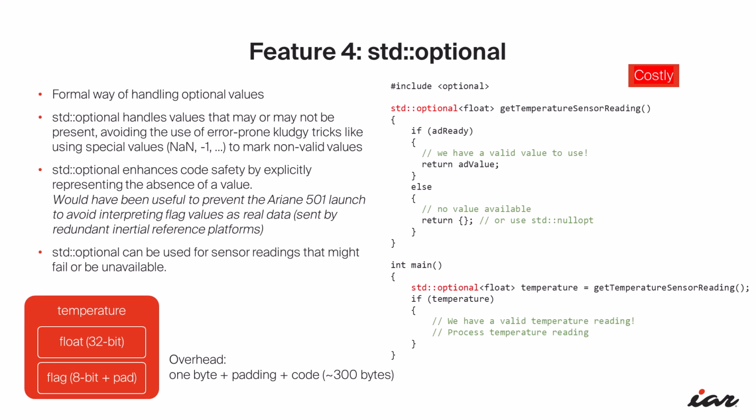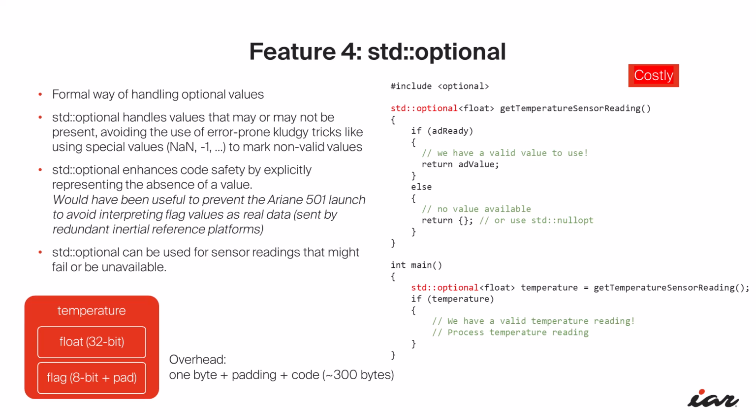A real-world example of where this could have been useful is when the Ariane 501 rocket was launched from French Guiana in Kourou. Then there were 2 sensors. One sensor gave error flag values, and then the main computer saw that and it switched over to the other sensor, a redundant sensor, and that one was also sending error values because both were out of range.